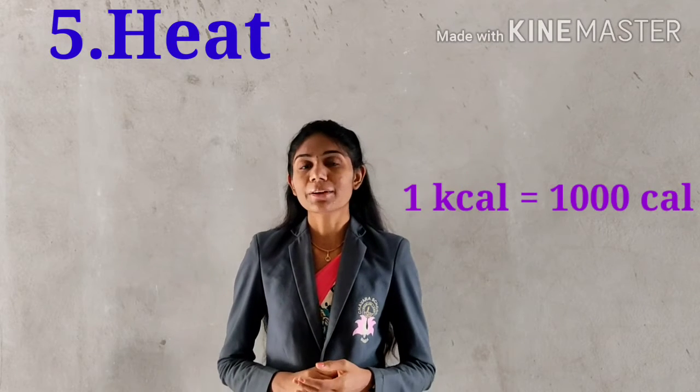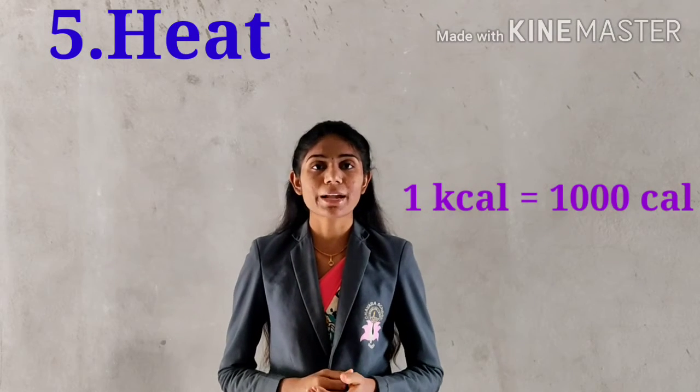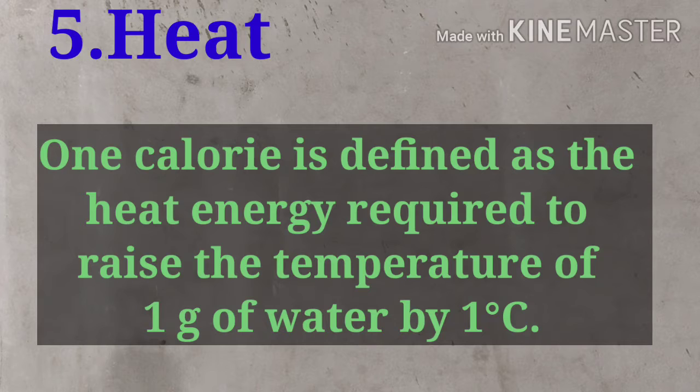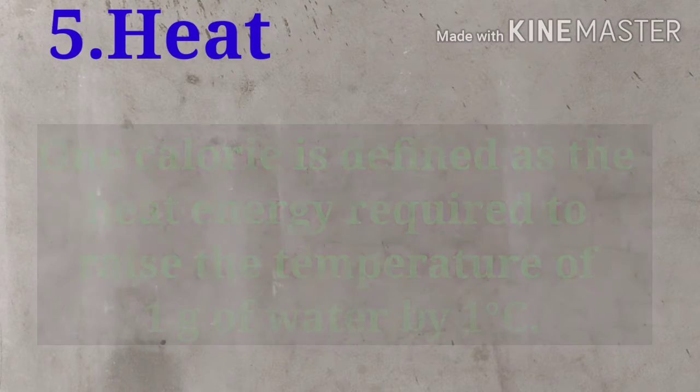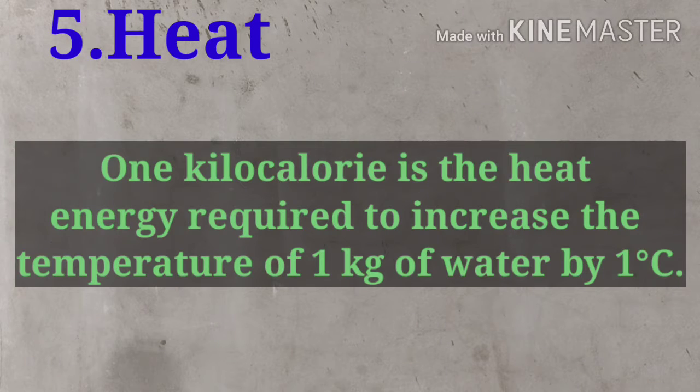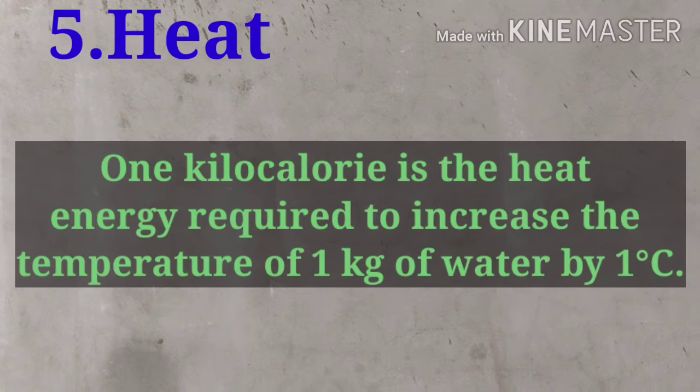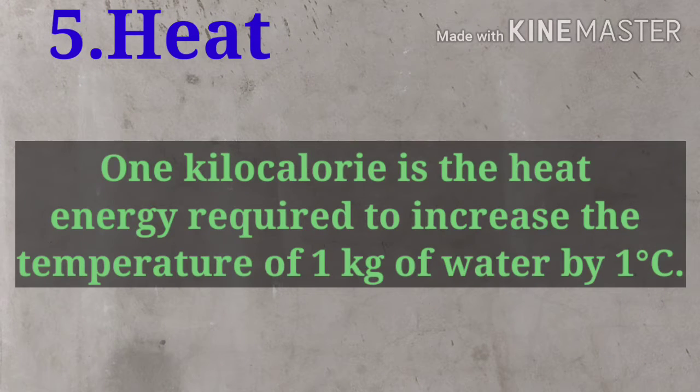Let's see the definition of calorie and kilocalorie. 1 calorie is defined as the heat energy required to raise the temperature of 1 gram of water by 1 degree Celsius. And 1 kilocalorie is defined as the heat energy required to increase the temperature of 1 kilogram of water by 1 degree Celsius.